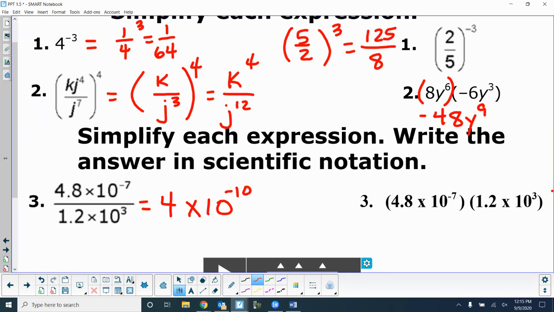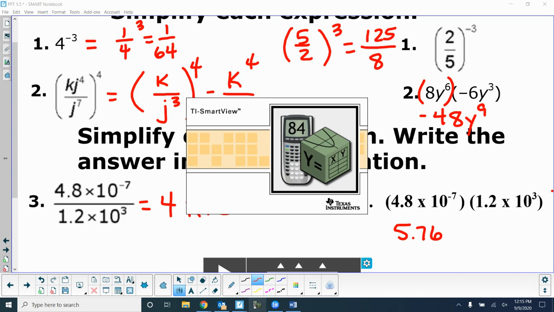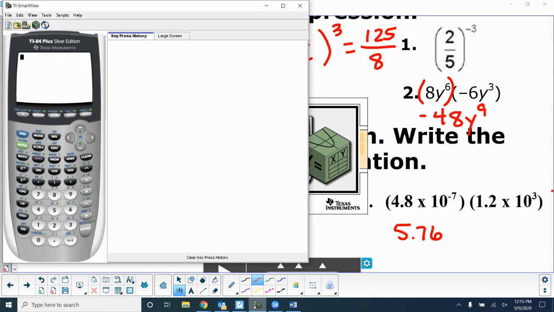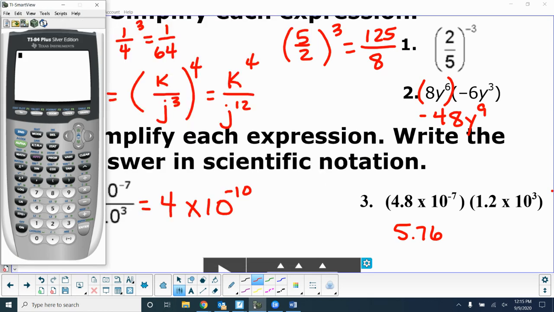For multiplication, multiply, what is that? 5.76? Isn't 4.8 times 1.2 5.76? That's where that came from. So again, that's multiplication.